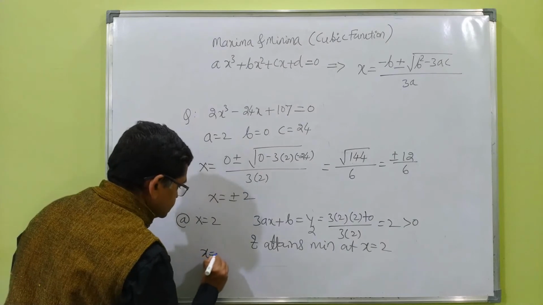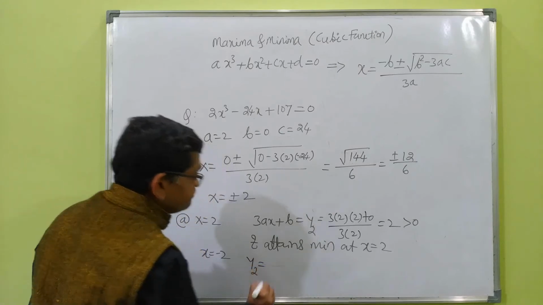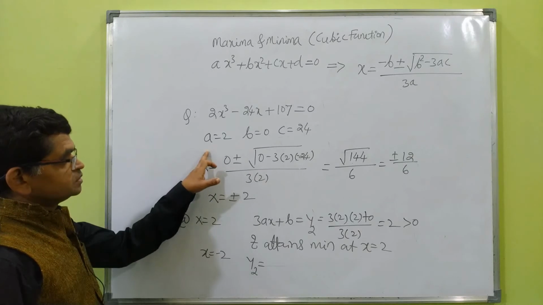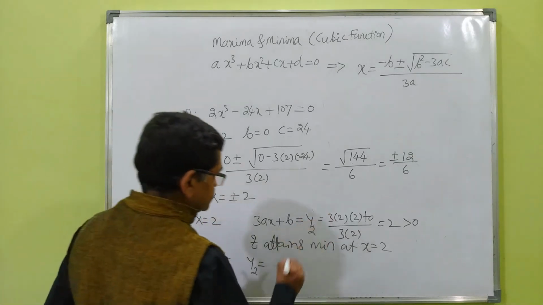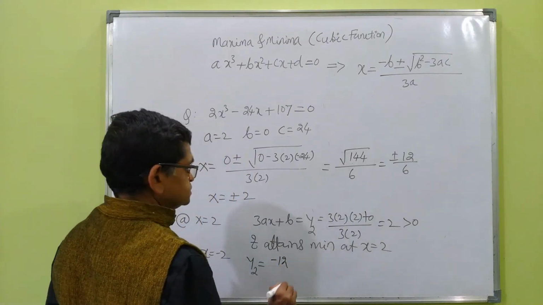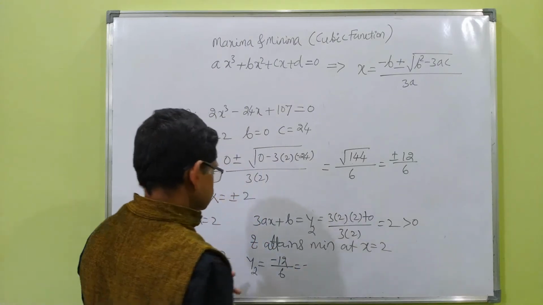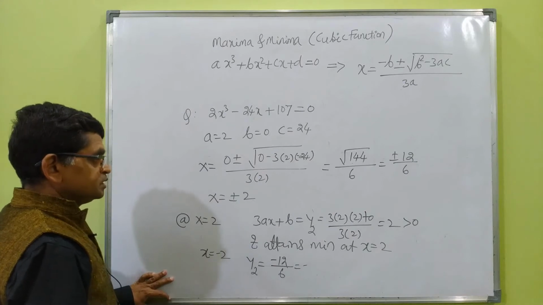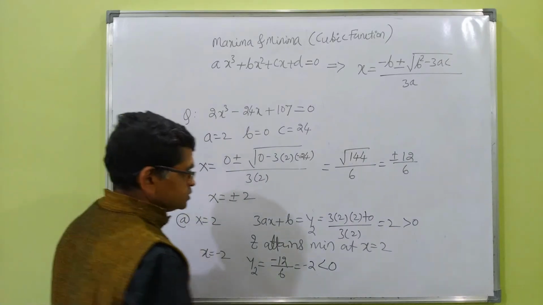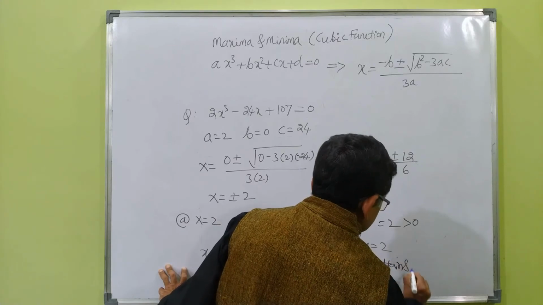At x is equal to minus 2, y2 will be, 3ax, this will be minus 12 by 6. Okay, this is already over now. Again minus 2 less than 0, so f attains maximum value.